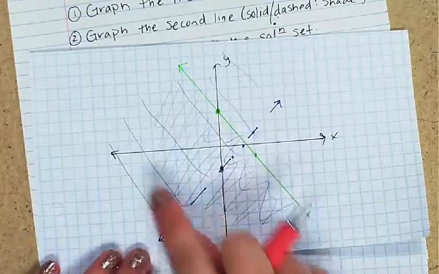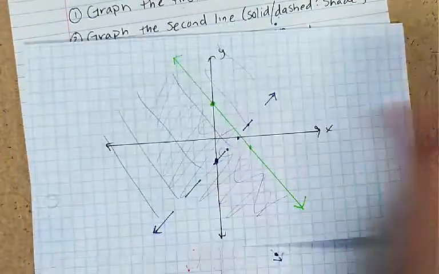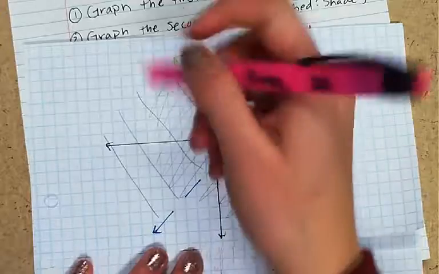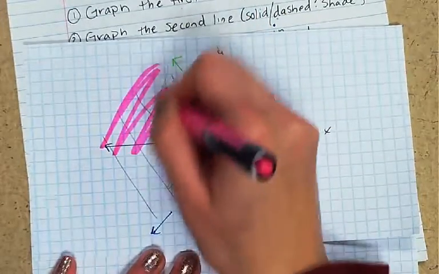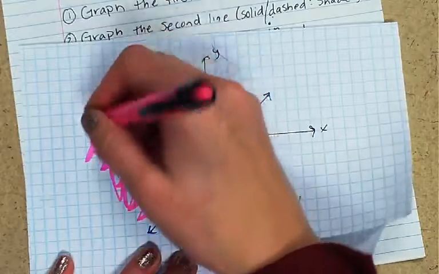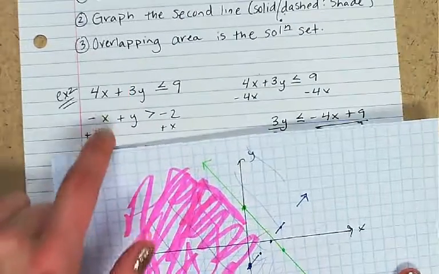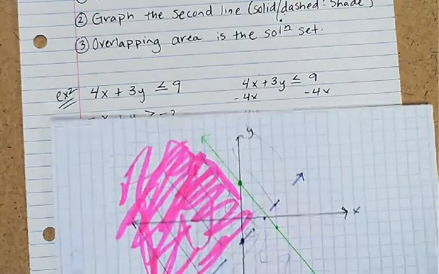So the part where we had the intersection of the straight line and the squigglies is over here in this section. So this here is our solution set. So all of these points that are over in this highlighted region are solutions to this system. If you plug the point into both of these inequalities, you will get a true statement.